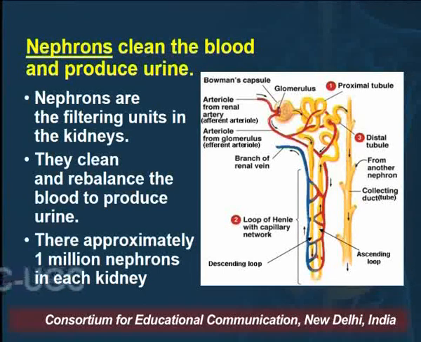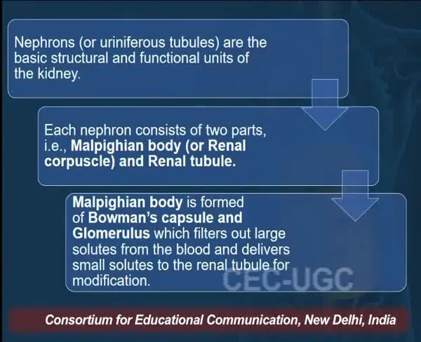So nephrons are the filtering units in the kidney. They clean and rebalance the blood to produce urine. There are approximately 1 million nephrons in each kidney. Nephrons are the basic structural and functional unit of the kidney.